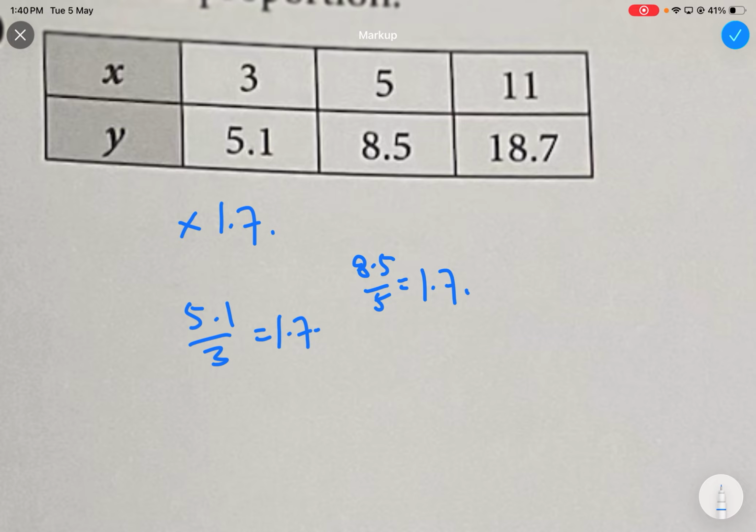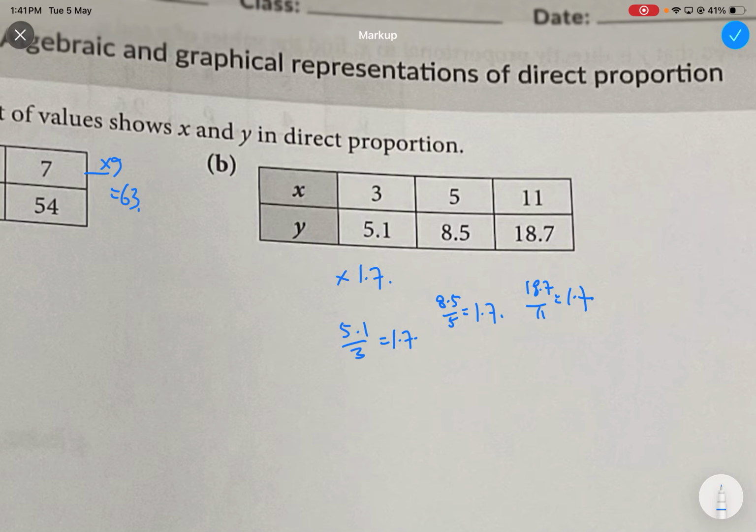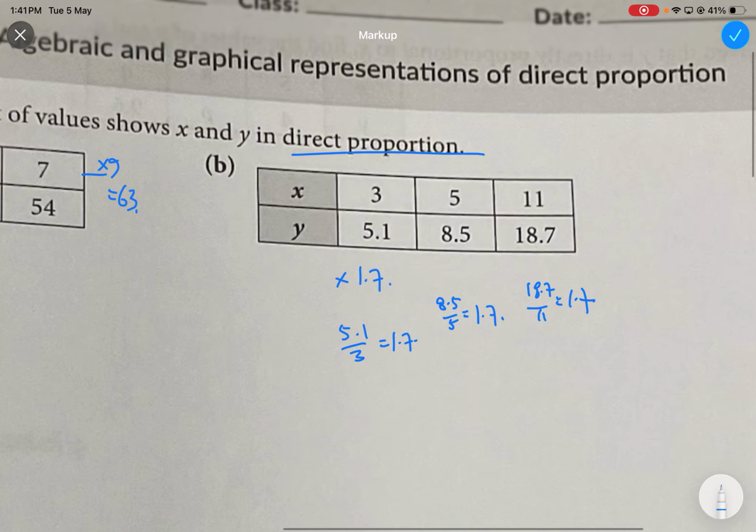Then the last one, I also take 18.7 divided by 11, also equals 1.7. Okay? So for these three values that we are given, x and y are proportional. They are in direct proportion.